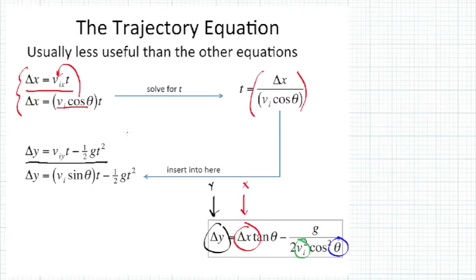But again, what we do here is we take this time, and that is what all this is equal to. We drop it into time right there, and we have this equation down here at the bottom. That's the quick version of how this is formed. But this is the trajectory equation.